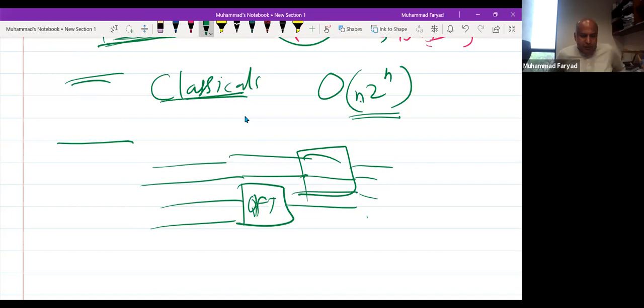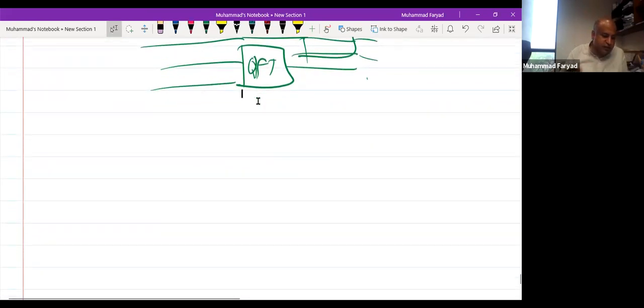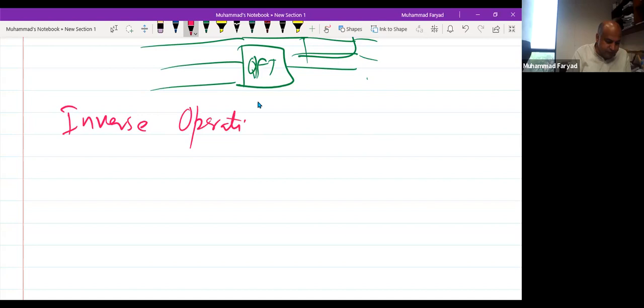Okay, if not, before I go to Qiskit, I want to describe one other quick related concept, and that is the inverse operation. Suppose you have a quantum circuit.